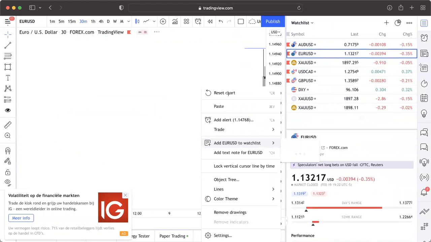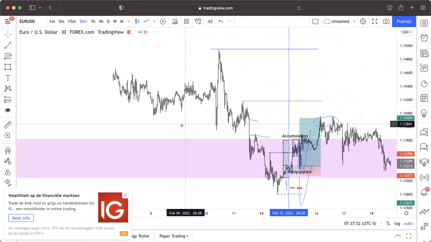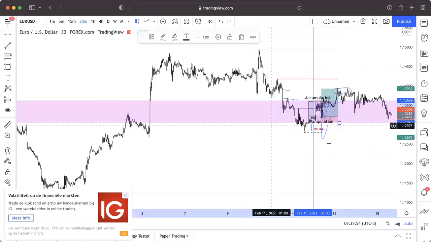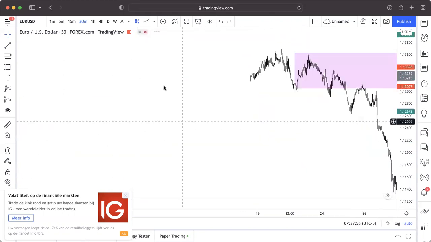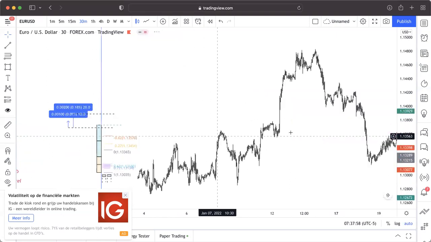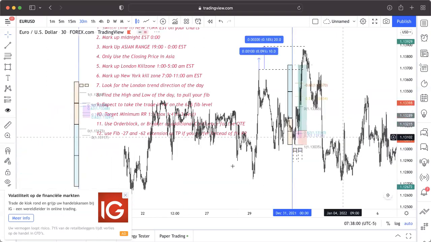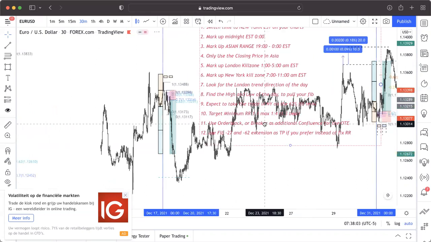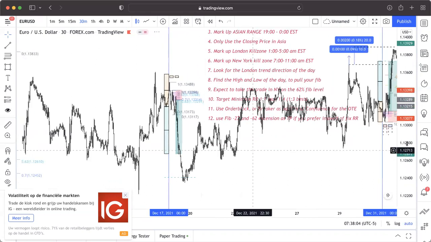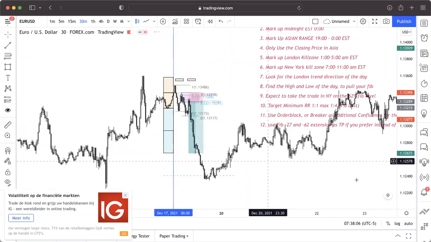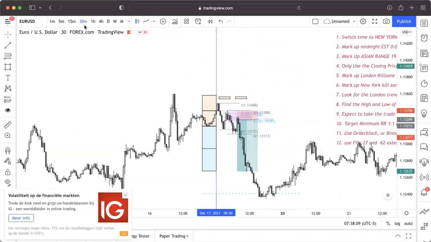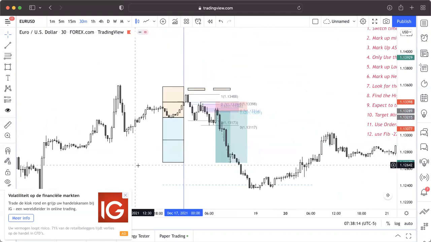And maybe I can show you a more understandable example on EURUSD. Just let me find this setup. Okay, I believe this would be it.